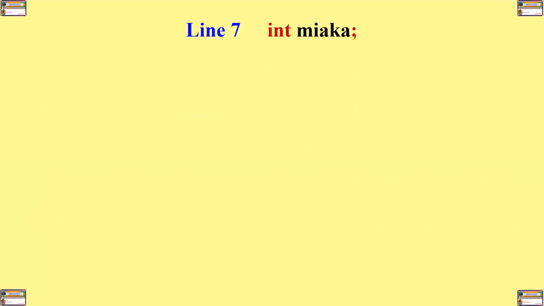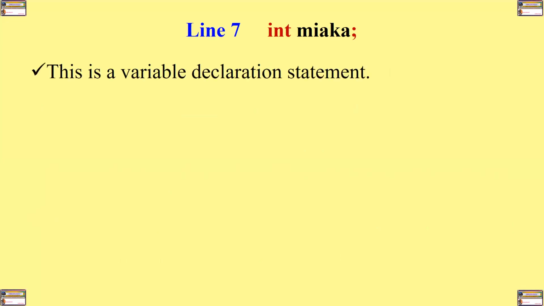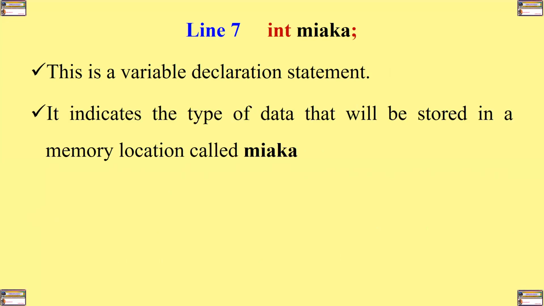Line 7 is int miaka, semicolon. This is a variable declaration statement. So it is a declaration statement for a variable called miaka. It indicates the type of data that will be stored in a memory location called miaka.